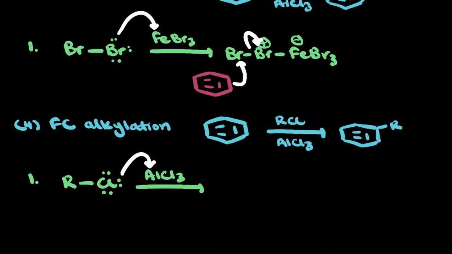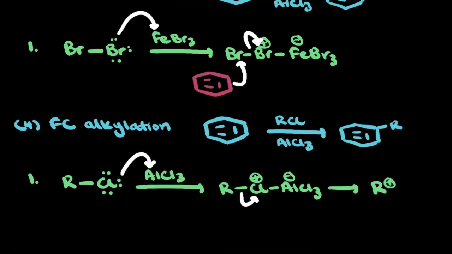Yeah, so you're going to attack over here, and once again you end up with a good leaving group. Now, it's worth noting that in most cases, not necessarily all cases, you will be forming a carbocation intermediate out of this. This is because this might leave SN1 style in order to give you some sort of an alkyl cation.